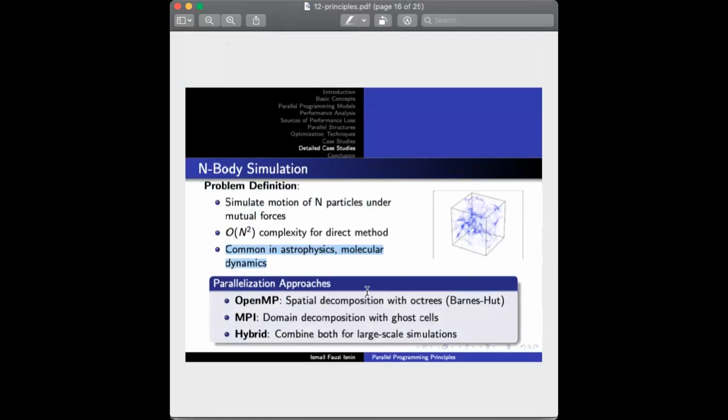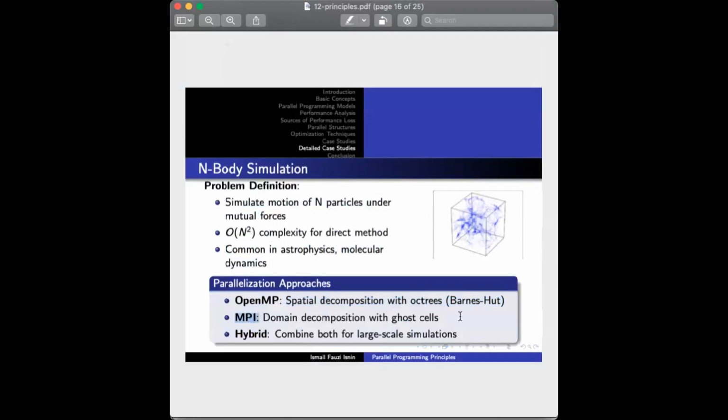OpenMP utilizes spatial decomposition with octrees under the Barnes-Hut optimization to simplify local tracking. And then MPI splits the spatial space into domains and manages data transfer through a ghost cell structure.